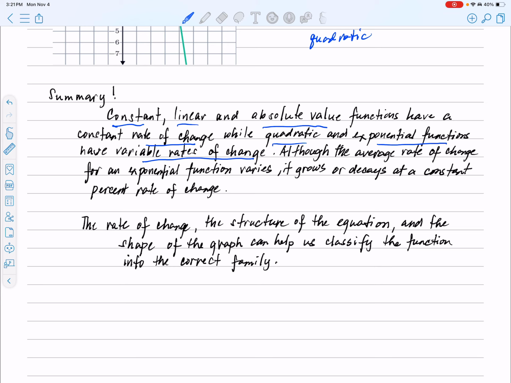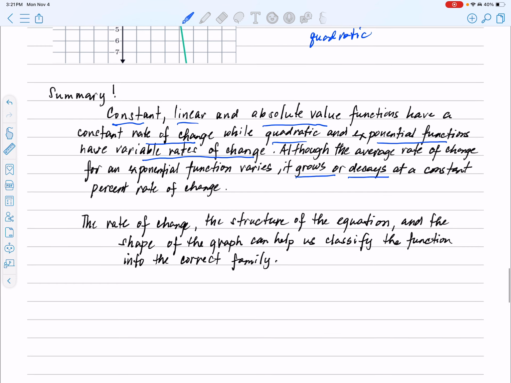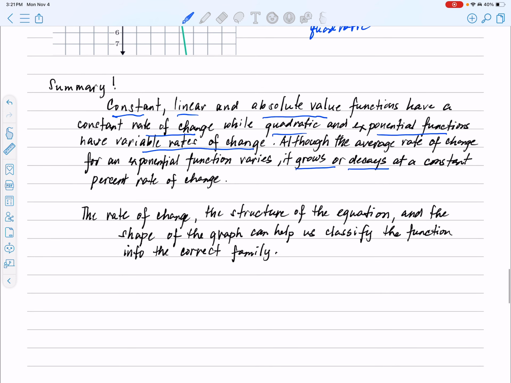Exponential is increasing so fast. Although the average rate of change for an exponential varies, it grows or decays at a constant percent rate of change. So the rate of change, structure of the equation, and the shape of the graph can help us classify the function into the correct family.